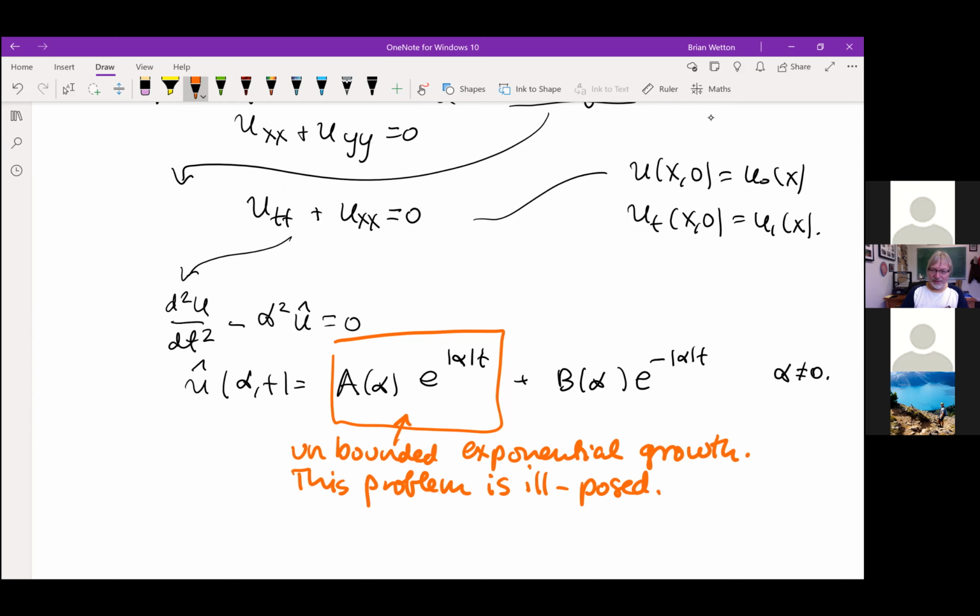Remember, real problems coming from applications can have exponential growth in them, right? If you are studying some mathematical problem with investment income, well, in fact, you hope your investments will grow over time exponentially, right? Exponential growth is fine.